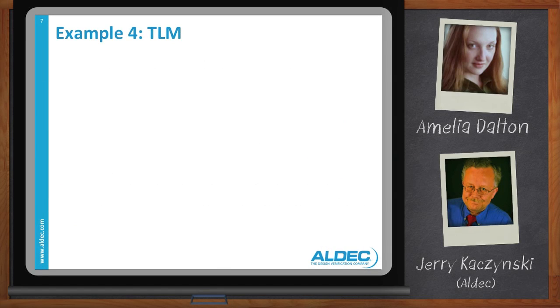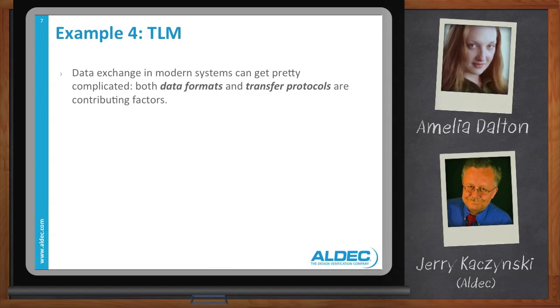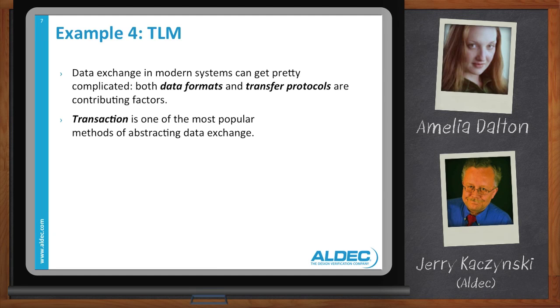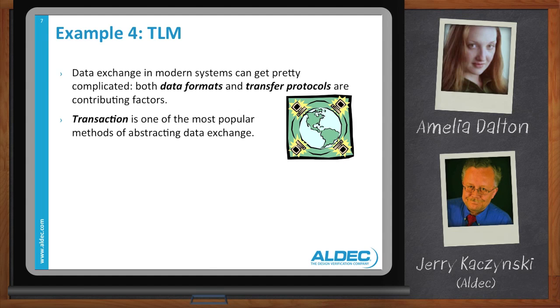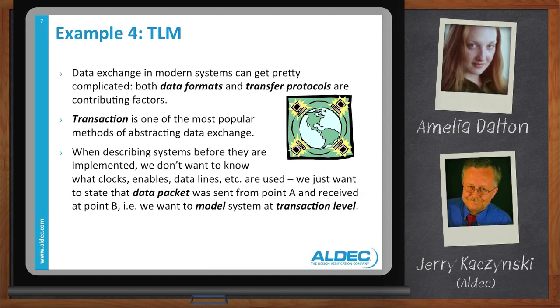Okay. And last but not least, transaction level modeling, or TLM. Data exchange in modern systems can get pretty complicated. Both data formats and transfer protocols are contributing factors here. Transaction is one of the most popular methods of abstracting data exchange. When describing systems before they are implemented, we don't want to know what clocks, enables, data lines, etc. are used.